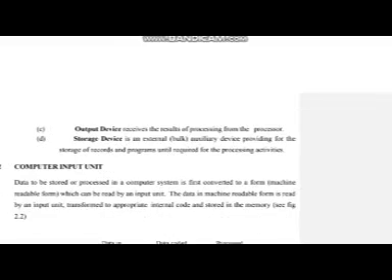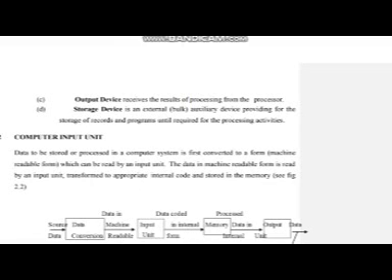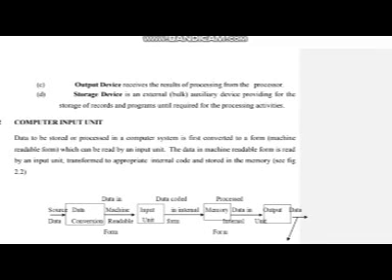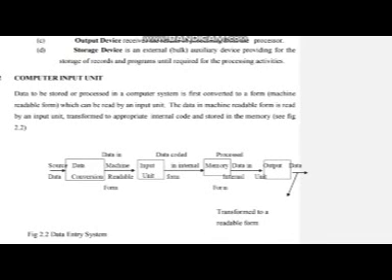Computer input unit. Data to be stored or processed in a computer system is first converted to a form called machine readable form. In our chapter 1 we did binary operations, and those binary operations are a series of zeros and 1s.